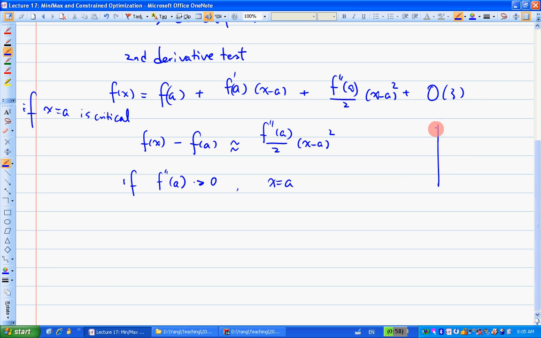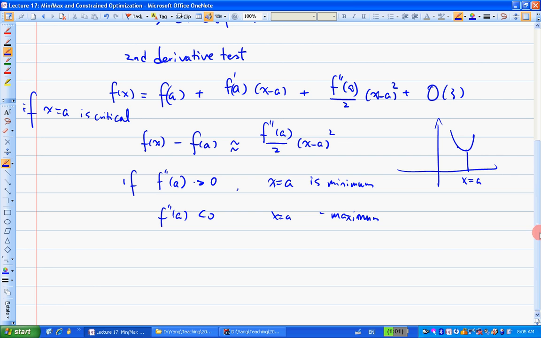Can you see that? So if this is x equal to a here, then any change around it, that minus that, is guaranteed to be greater than that value, right? So x equal to a is a minimum. And if f double prime is less than 0, then x equal to a is a maximum.